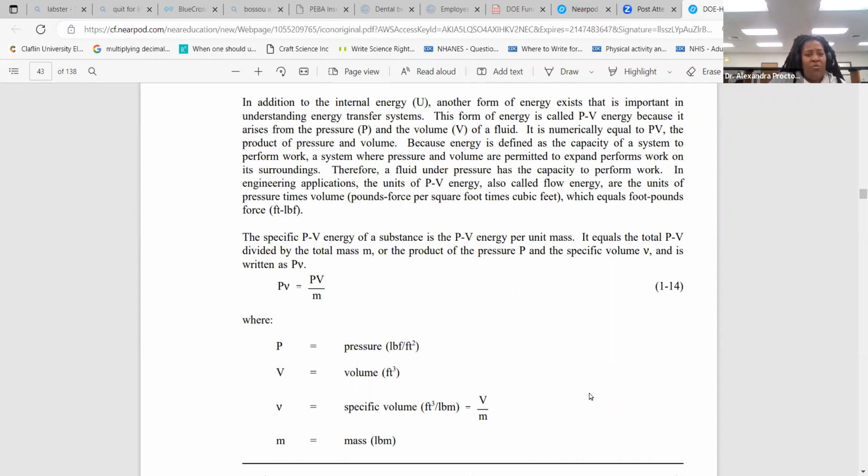So are these two P's the same? On both sides of the equation, are these two P's the same?